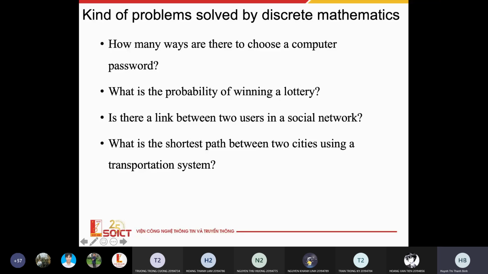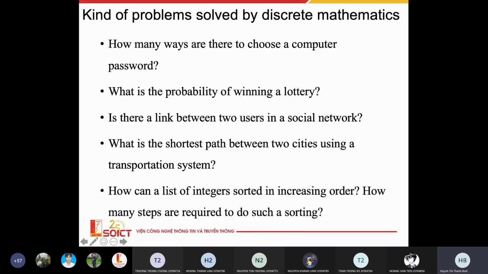You can see that these are questions around you, but maybe sometimes you do not know that they are related to discrete math. All these questions are very familiar, and it's not difficult for you to find the solution by discrete math.